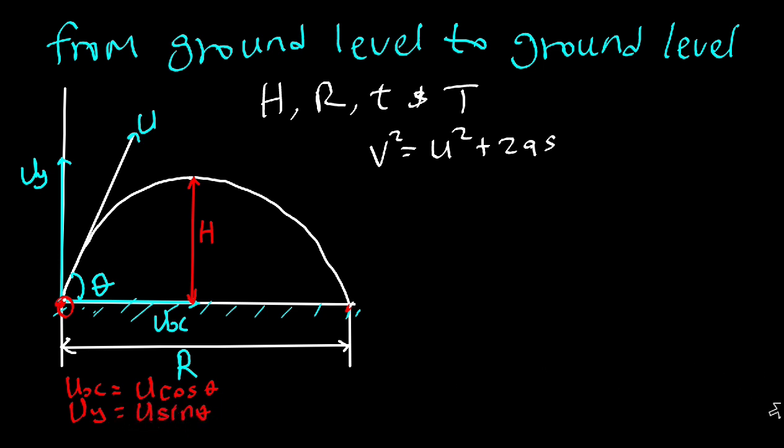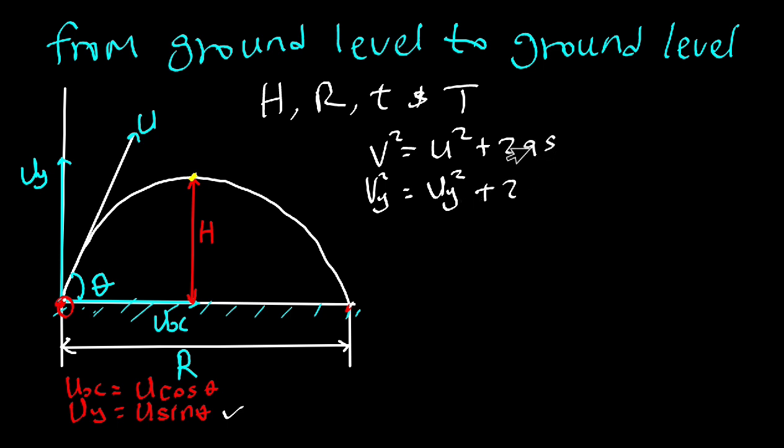In this case, we're going to be making use of the vertical component of this velocity because that is what determines the maximum height, the range, and the time of flight of this projectile. Now let me write this equation as v square y is equals to uy square plus 2as.